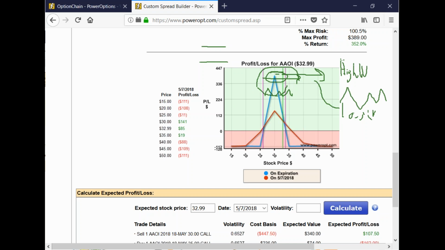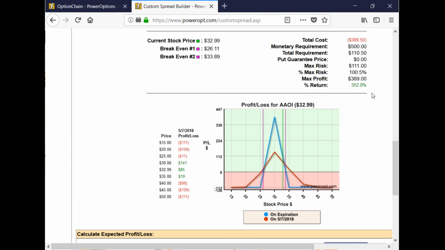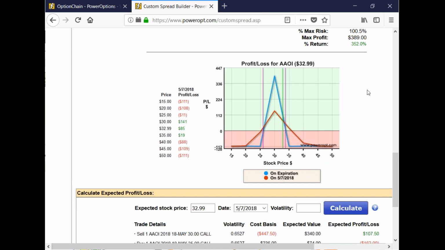Another reason why I'm hesitant on iron butterflies. Step back one, Harvey. I'm not the best person to ask about this strategy. I never trade this strategy. I'm not saying it's a bad strategy. I'm not saying you're not going to be profitable long term in this position if you pick the right stocks.